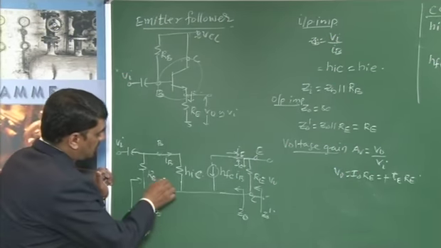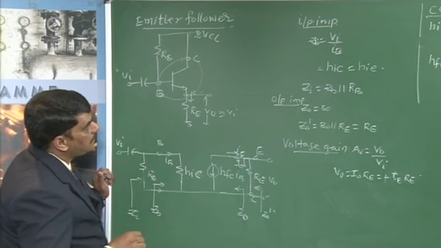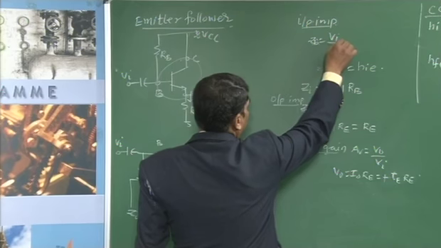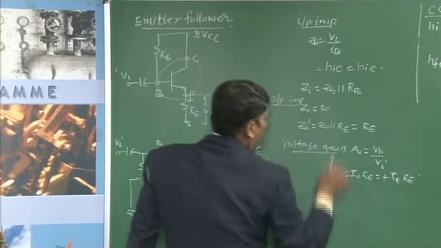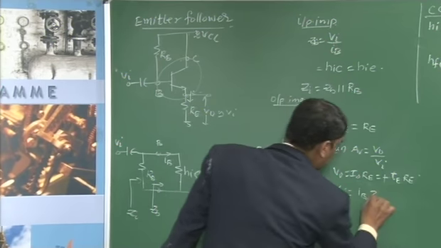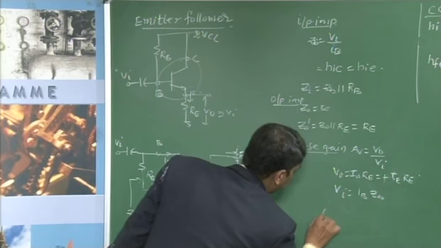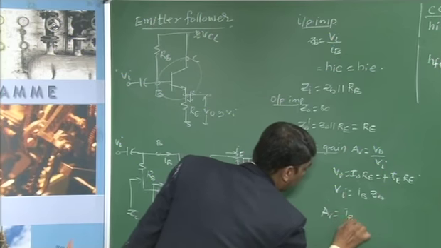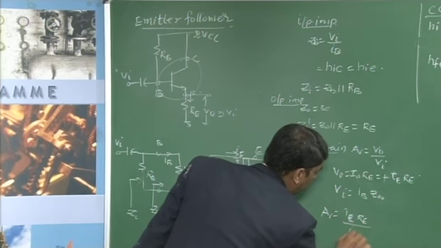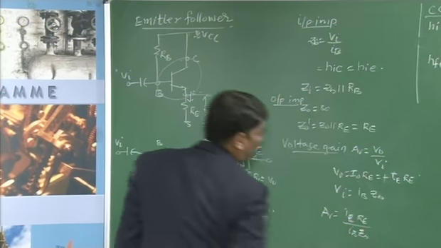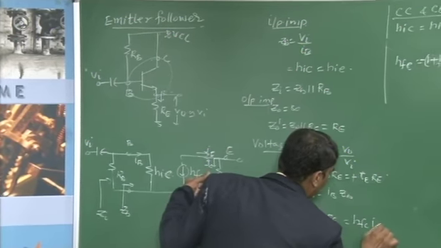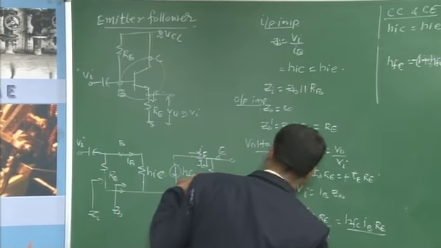Then what is Vi? By definition, Vi is equal to IB into ZB. If you substitute the ratio, AV is equal to IE into RE divided by IB ZB, where IE is equal to HFC times IB.